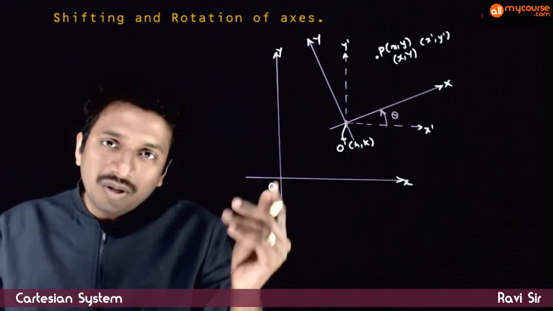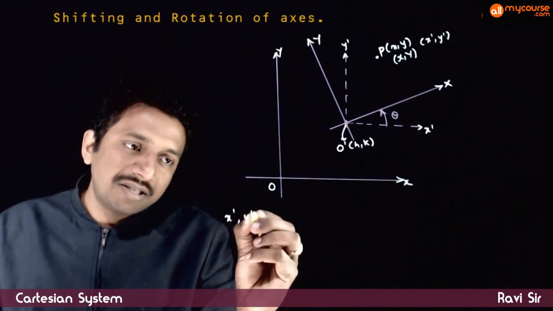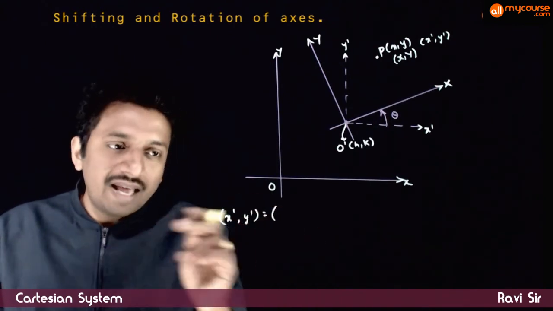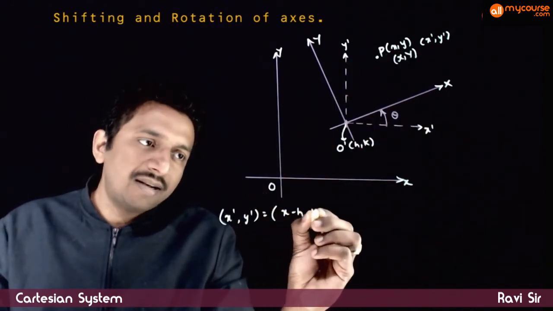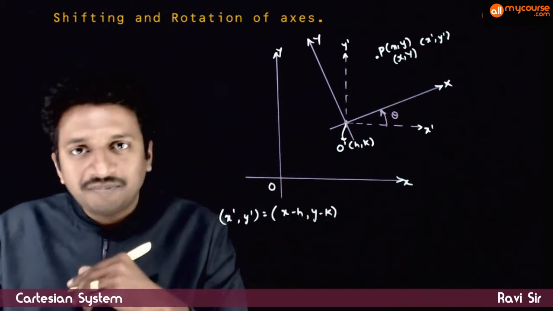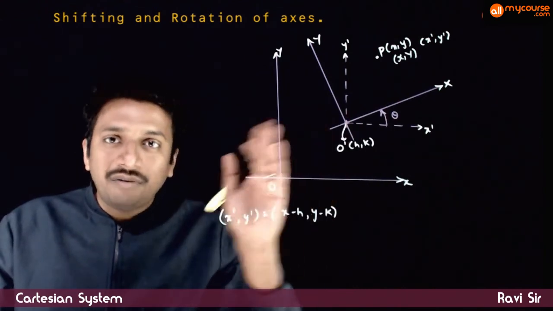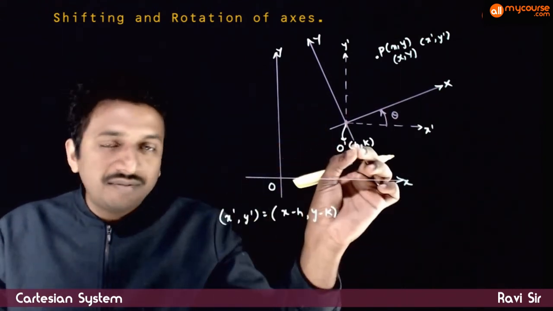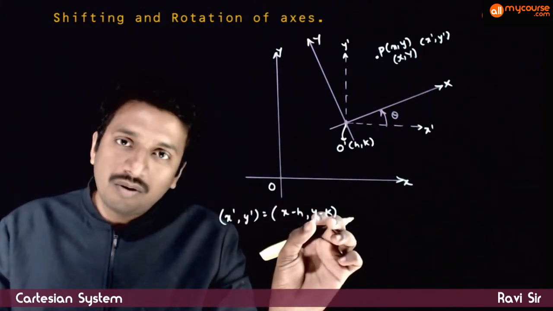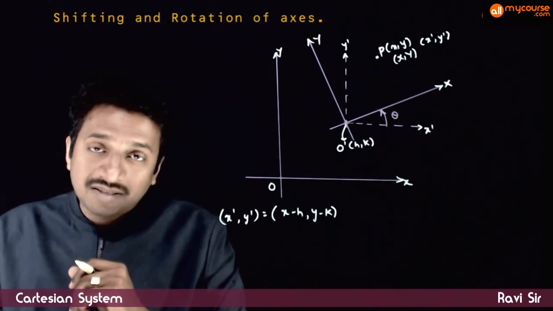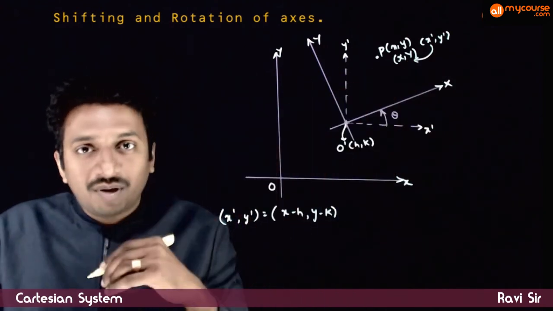So now we know that from our operations, x dash comma y dash is equal to small x minus h and small y minus k, because for x dash, y dash only the shifting of origin happened. So origin has been shifted to h comma k, so the new coordinates are old coordinate minus h, old coordinate minus k.